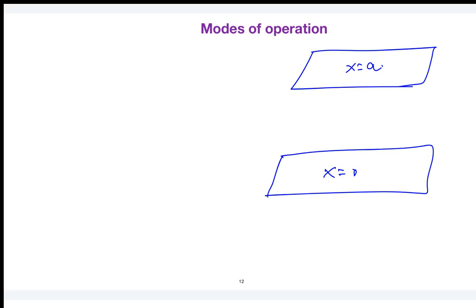What is the condition I told you? When you have a complete half cycle, I can call this my first mode, which means cutoff wavelength. So when you have only one complete half cycle present between two conducting plates, you can consider it as the first mode. So in the first mode, what is the separation between these two?